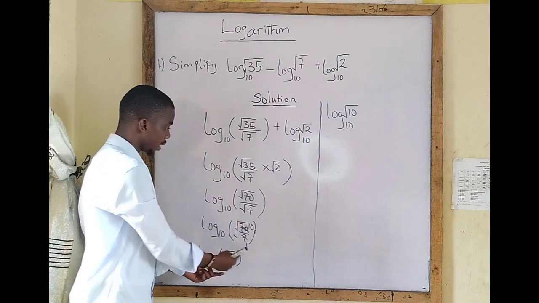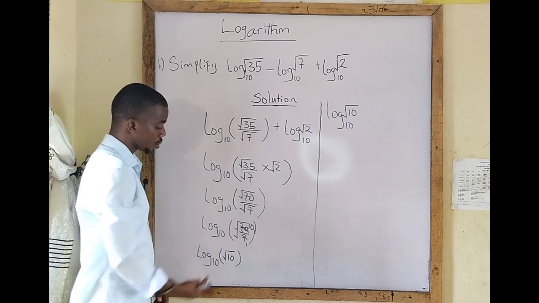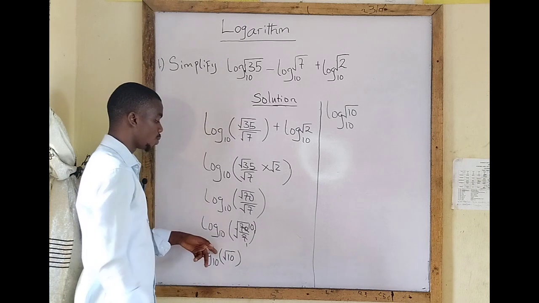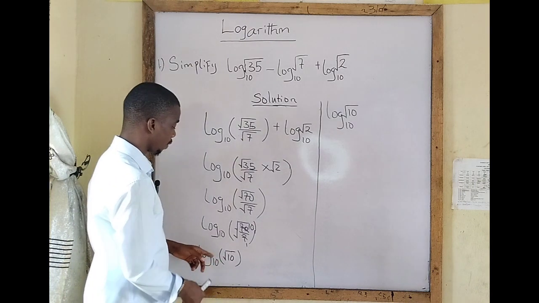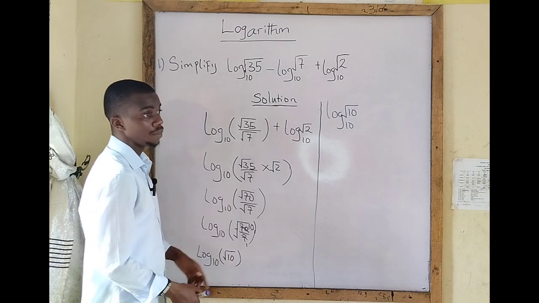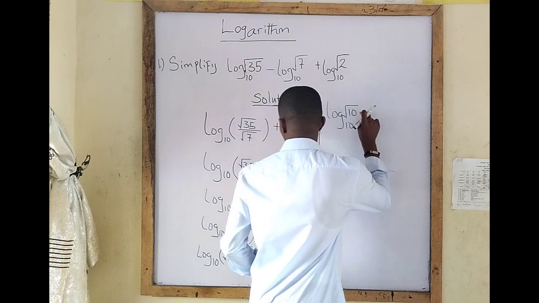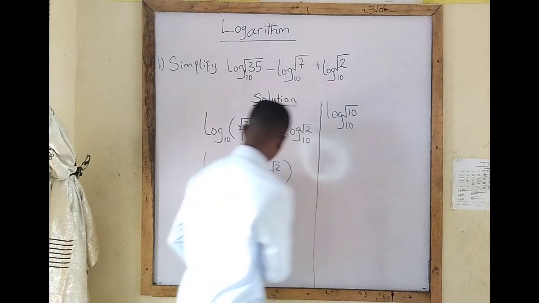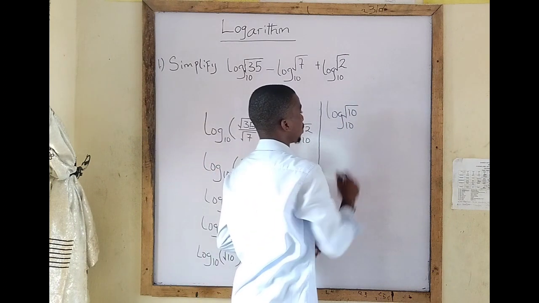Whenever you have a bracket and there is no number in front of the bracket, you should just know that that bracket has an invisible one in front of it. So here we have log root 10 base 10.